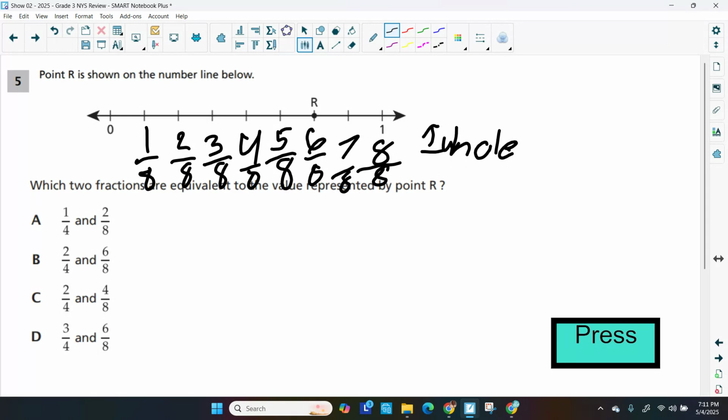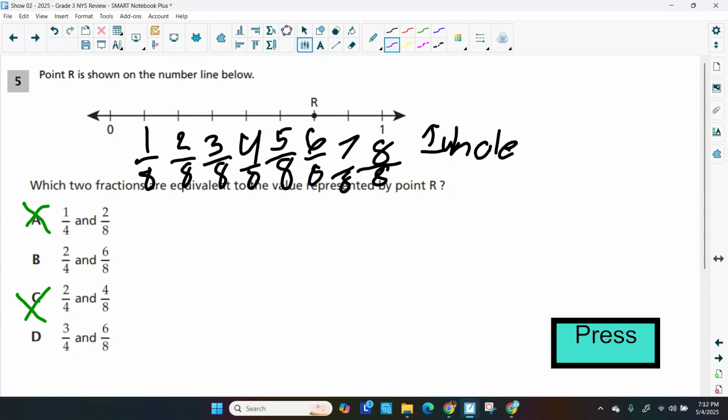And I see the point R is above the 6/8. So whatever we choose has to be equivalent to 6/8. The ones that do not say 6/8, we will cross off, which is A and C. So it's either B or D.